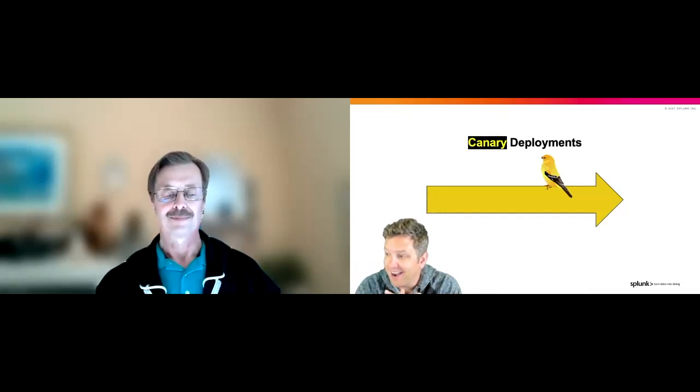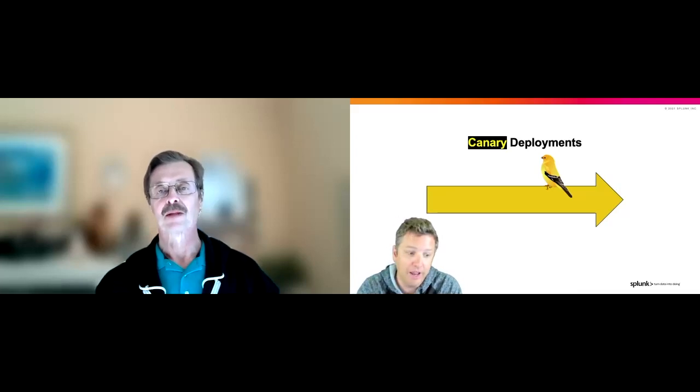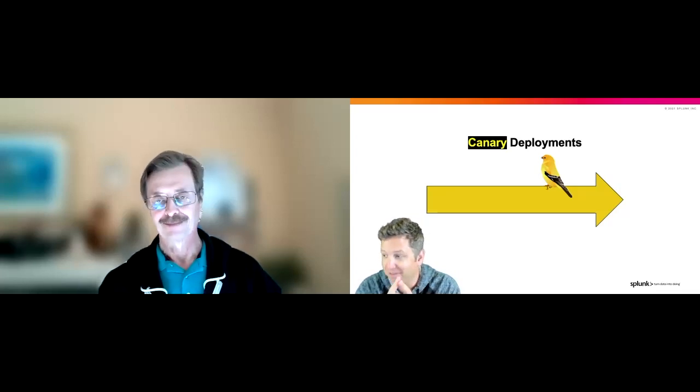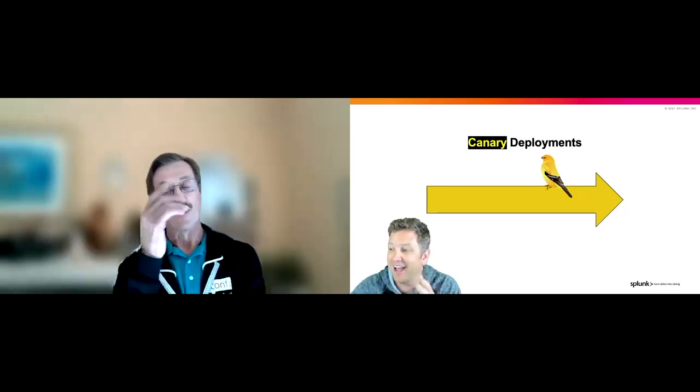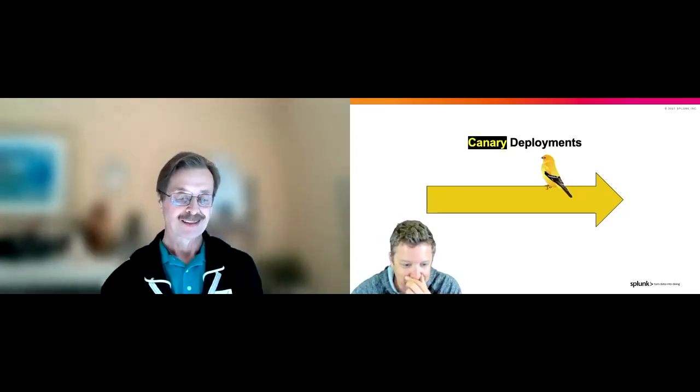All of these imply two key things, and they lead into our other topics: visibility and automation. You can't expect that these practices are going to create the visibility and automation for you. You have to think ahead about those things.